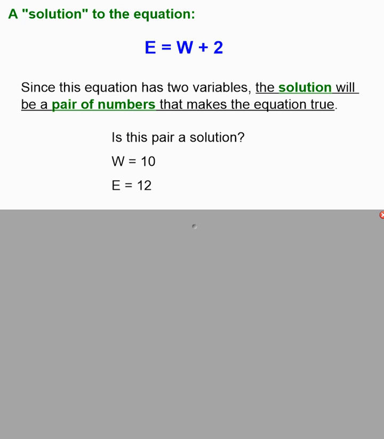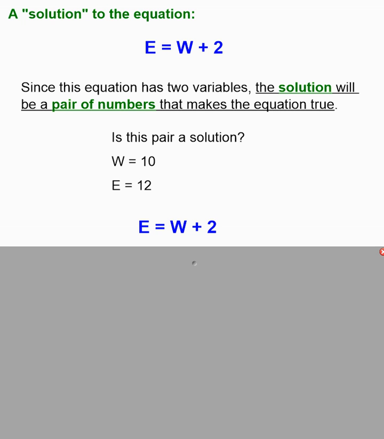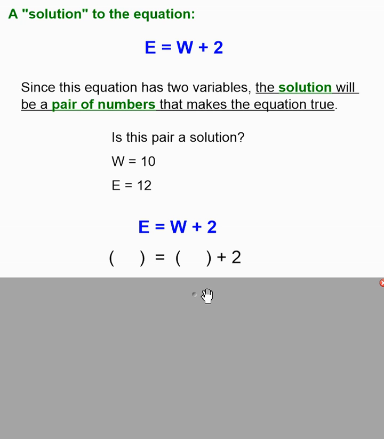So sometimes we want to check and see if a pair of numbers is a solution to an equation. So we want to know if this is a pair of numbers that'll solve that equation, W equals 10 and E equals 12. And the way we want you to do that is take the original equation and replace the variables with parentheses.